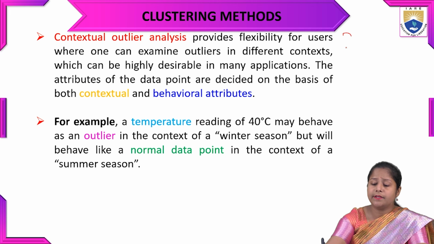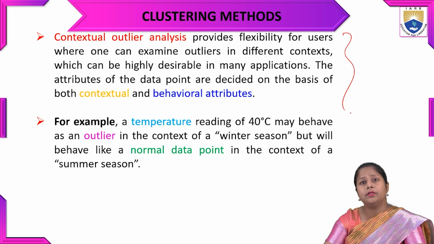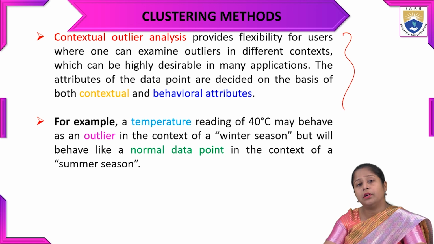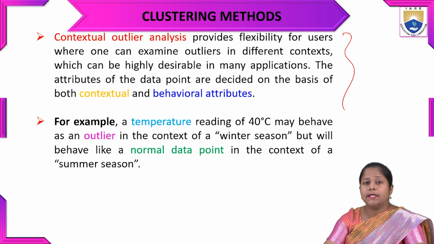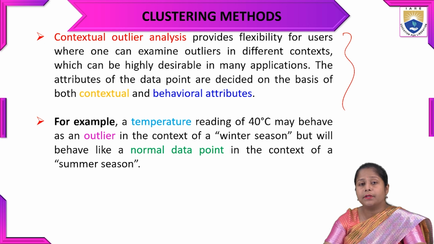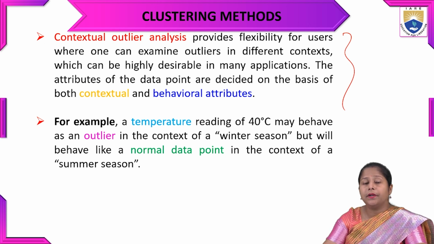Contextual outlier analysis provides flexibility for the user, where one user can examine outliers in different contexts, which can be highly desirable for many applications. If the user knows that the outlier is related to a certain cluster, contextual outlier detection will be applied.